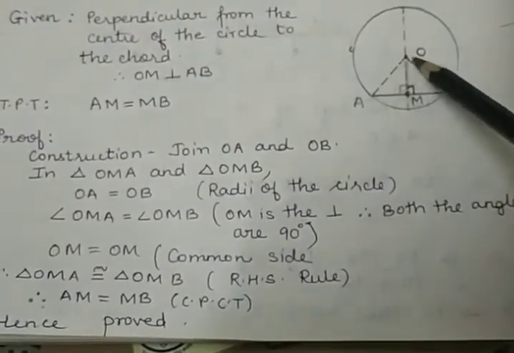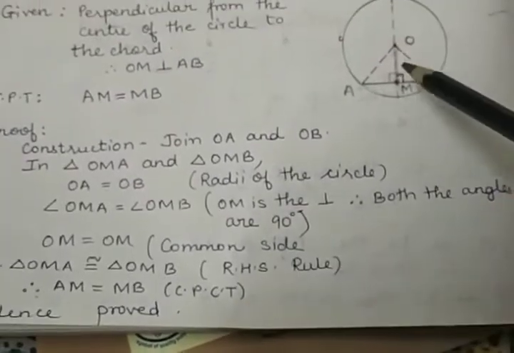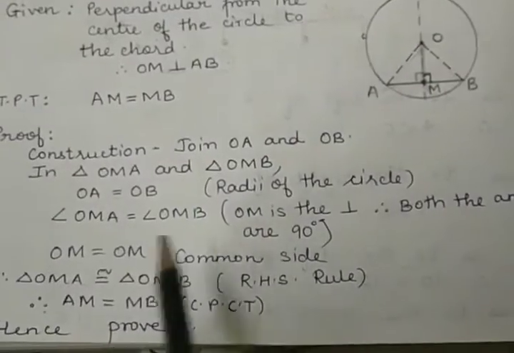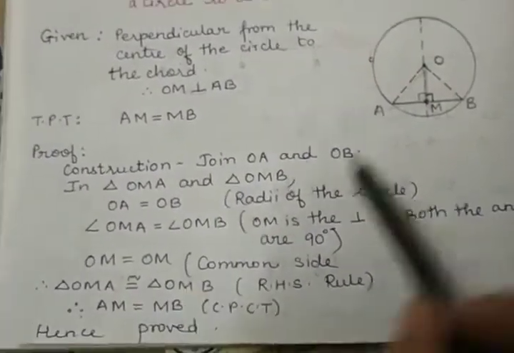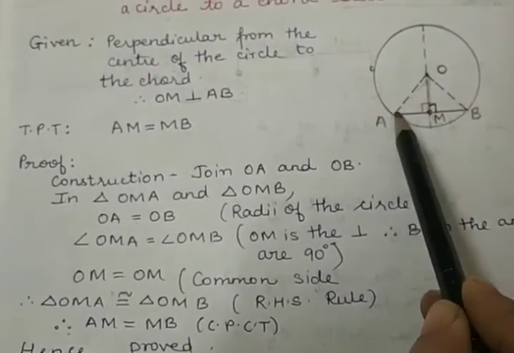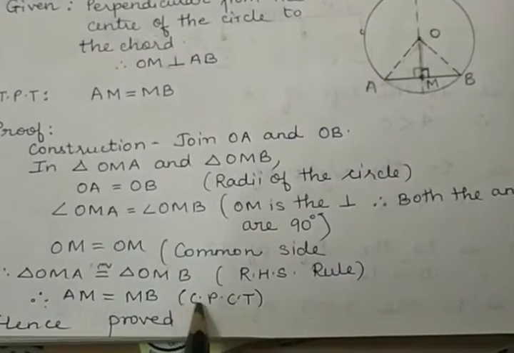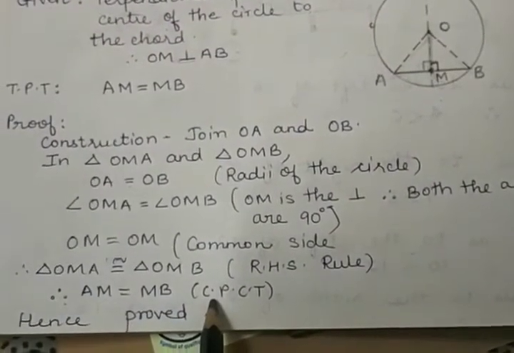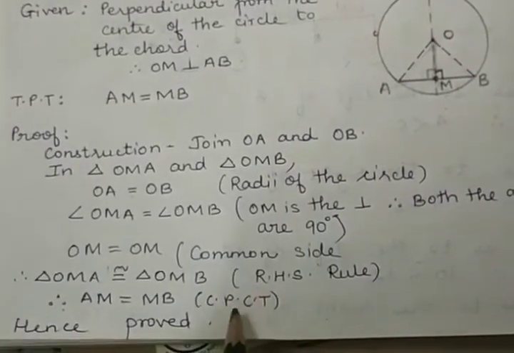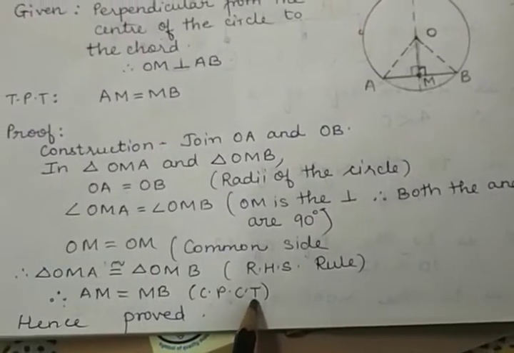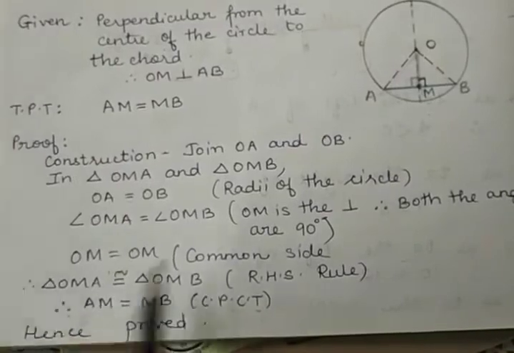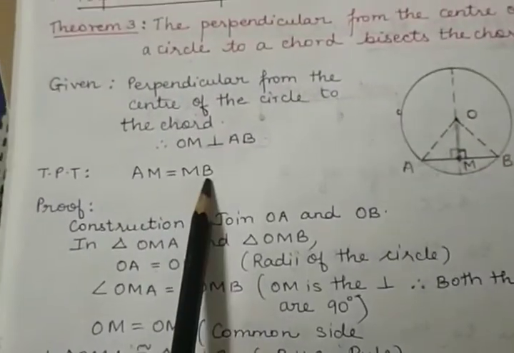Since the two triangles are congruent, now I can write AM is equal to MB by CPCT. What does CPCT stand for? Corresponding parts of congruent triangles. So I have got AM equal to MB, which I had to prove.